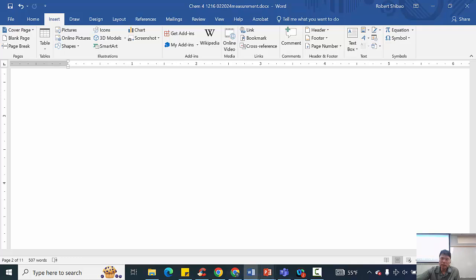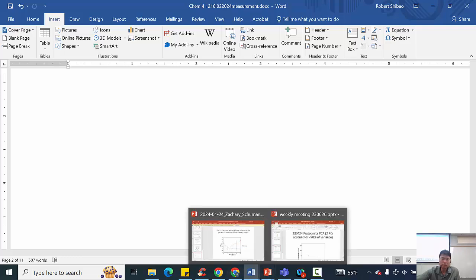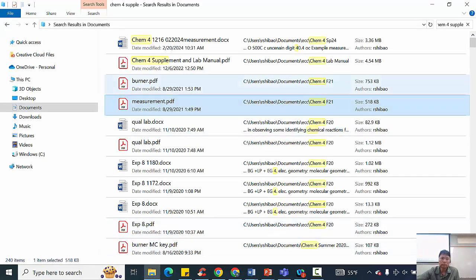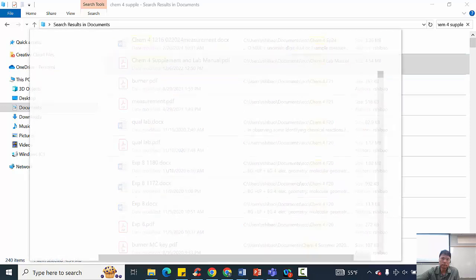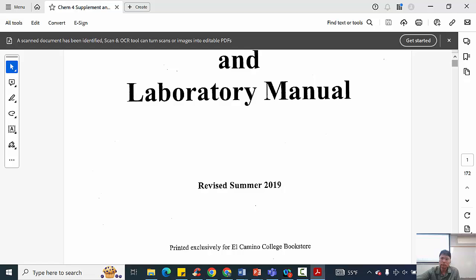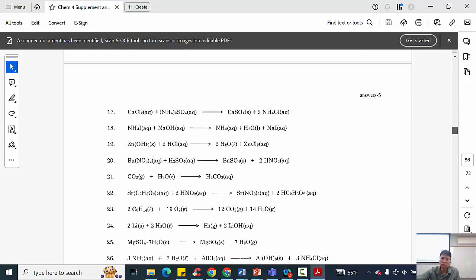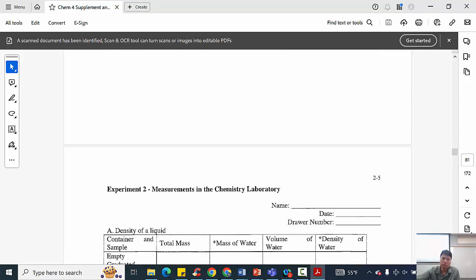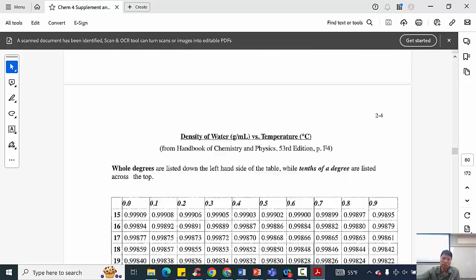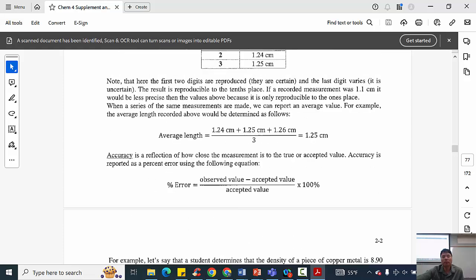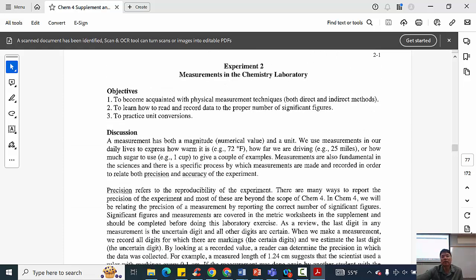So let's take a look at today's lab. Normally, before lab, you should read the experiment, so you have an idea of what's happening.